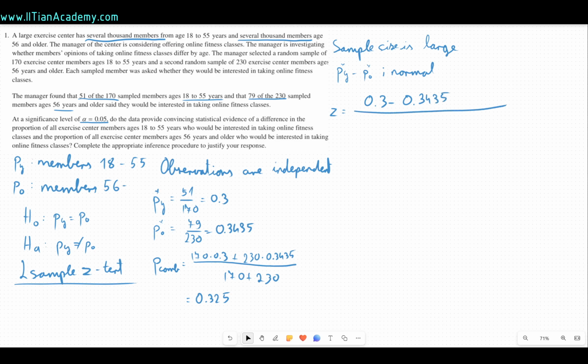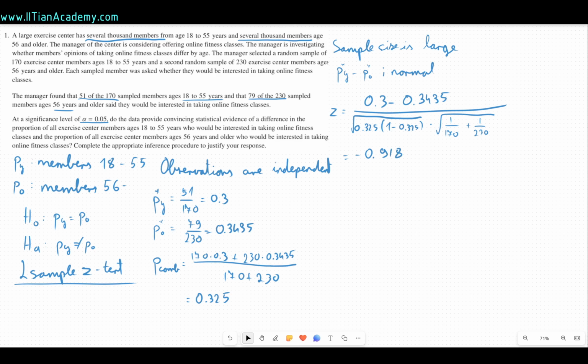It will be divided by a square root: the combined statistic multiplied with 1 minus the combined statistic, multiplied with 1 over the first sample, so 170, plus 1 over the second sample, so 230. If we do this, we get that the z-score is approximately minus 0.918.